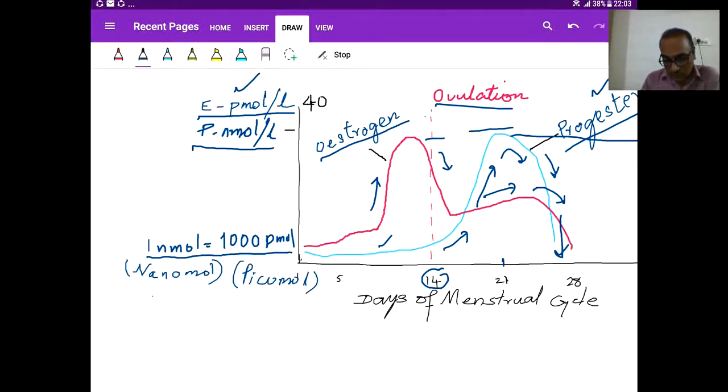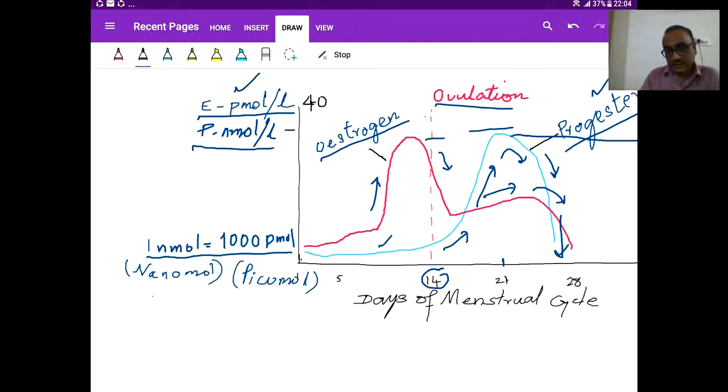So the change in the hormonal level is responsible for all the changes we see during the menstrual cycle, and mainly when the hormones FSH, LH and estrogen increase to their highest concentration, all these three synergistically bring about ovulation.